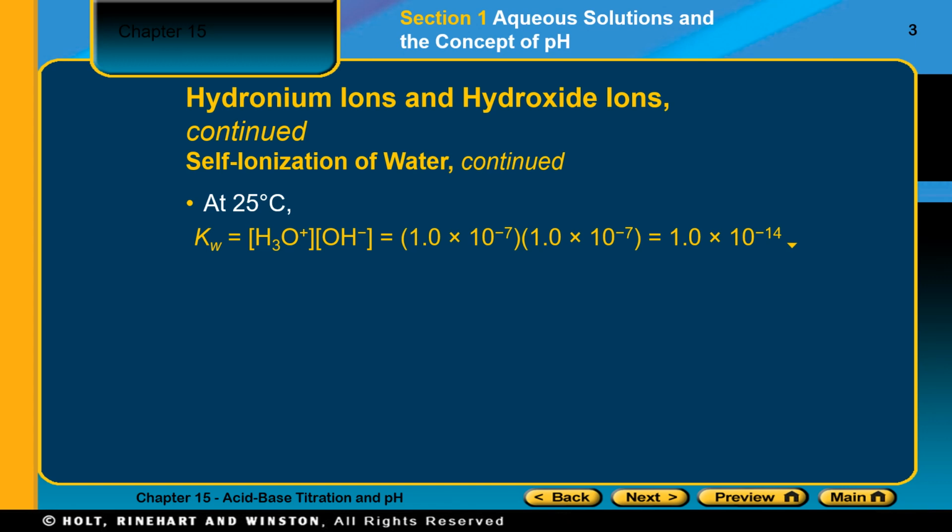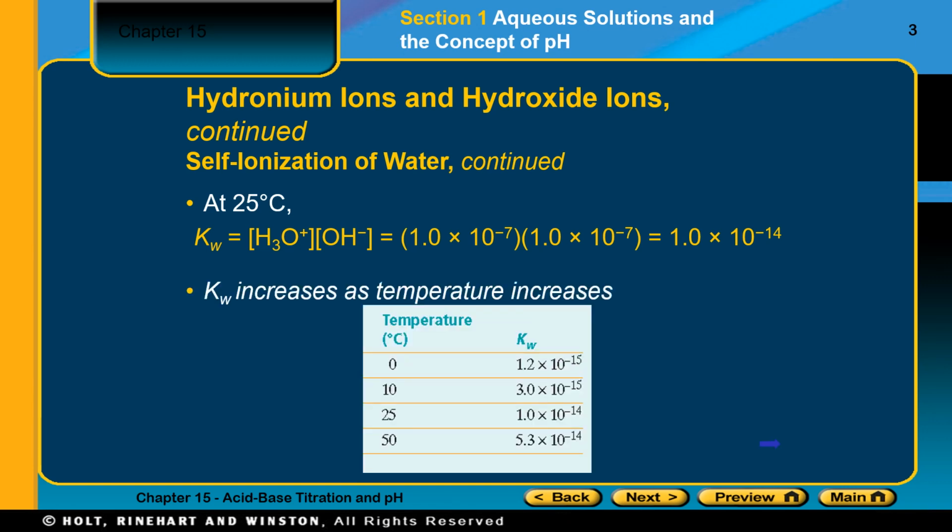So if you took your calculator out and multiplied those two numbers, you'd come up with 1.0 times 10 to the minus 14. It's just a product of those two. The Kw, or the ionization constant of water, actually increases as temperature increases. So if we were doing this under different temperature conditions, we would probably have to use different numbers, but since most of our experiments can be done at room temperature, we can just memorize the one number, 1.0 times 10 to the minus 14.